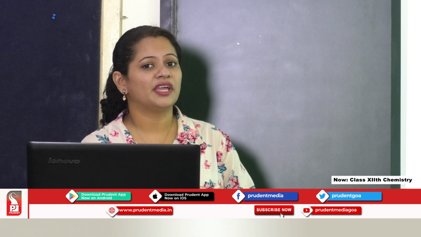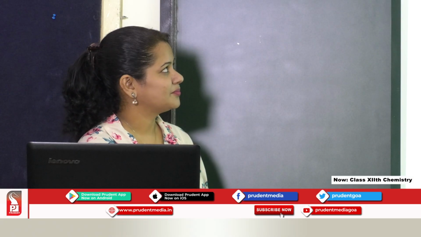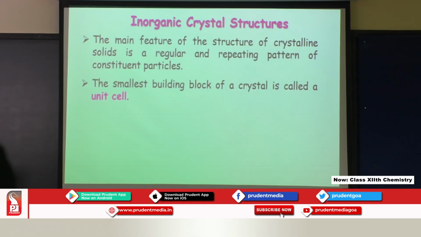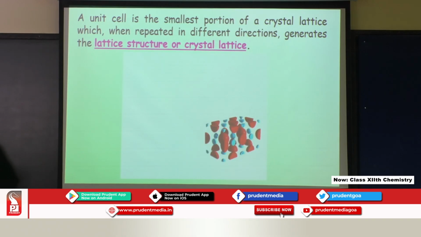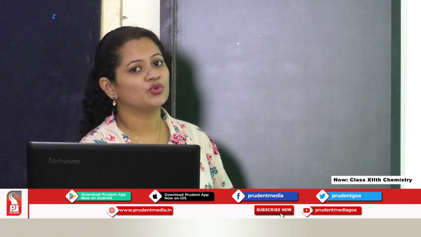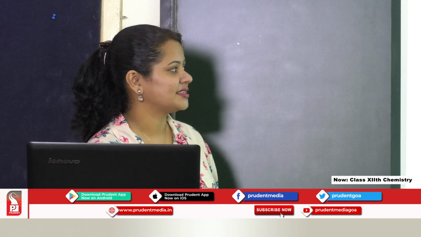Let us now come to inorganic crystal structures. The main feature of the structure of a crystalline solid is a regular and repeating pattern of constituent particles. The smallest building block of a crystal or the basic unit is called a unit cell. When a particular unit cell repeats itself along different directions, it generates a lattice structure which is also called a crystal lattice.